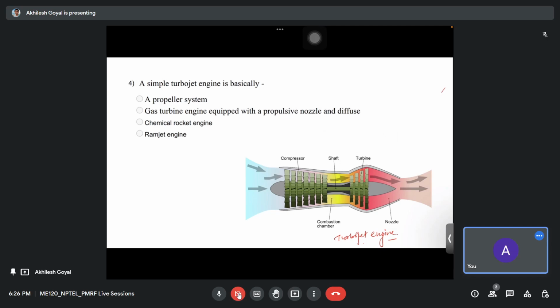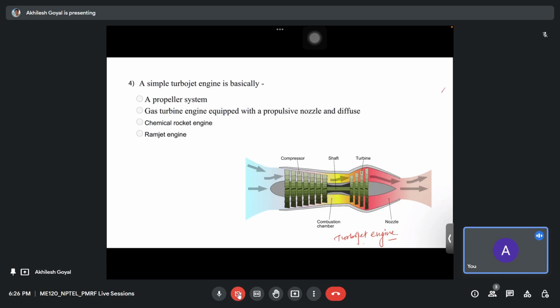Further down, you can see the nozzle or diffuser in case of supersonic engines. So in a simple turbojet engine, the main components are compressor, combustion chamber, turbine, and nozzle.